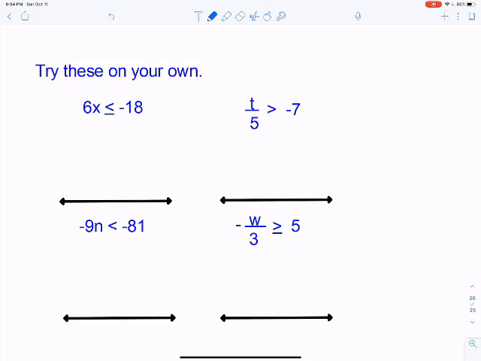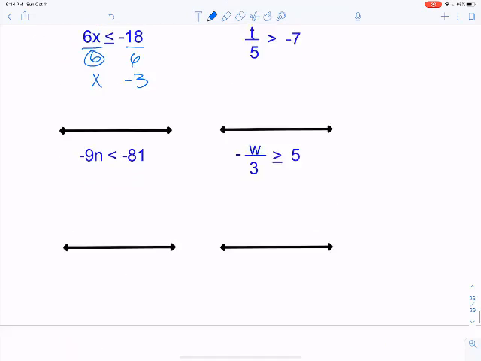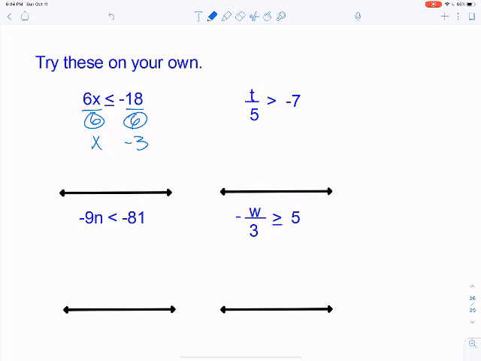So in this first one, we've got 6x is less than or equal to negative 18. So I divide by 6, x, and then negative 18 divided by 6 gives me negative 3. My 6 is not negative here, so my inequality does not flip, and it just stays the same. So to do a quick graph, I'm going to do a negative 3 right here.